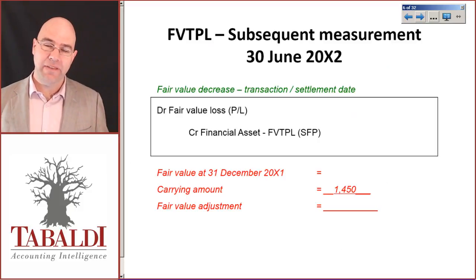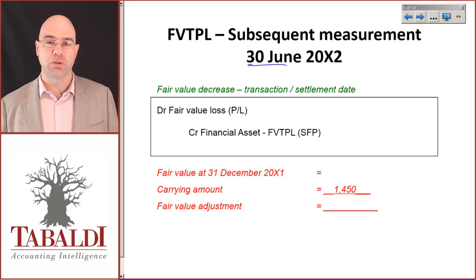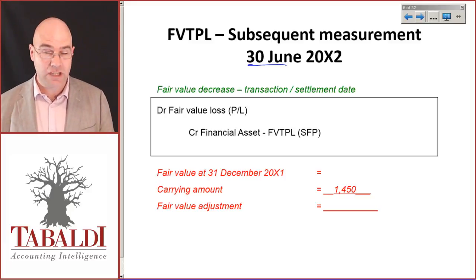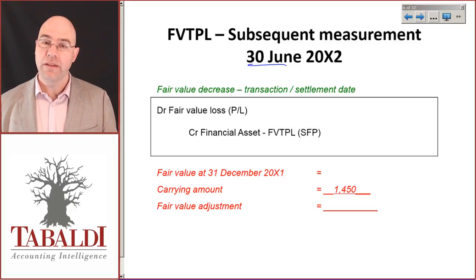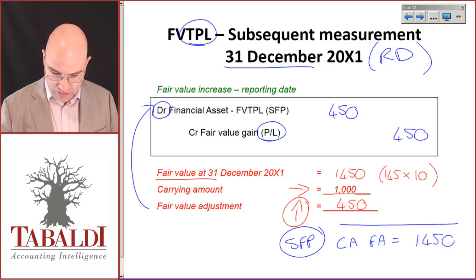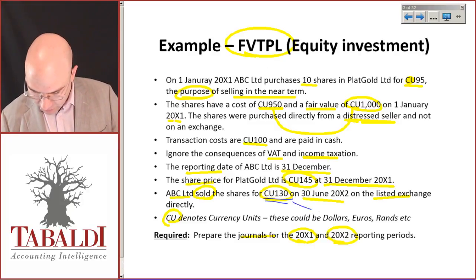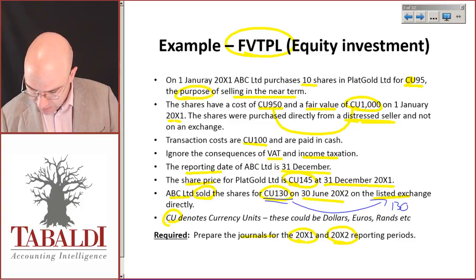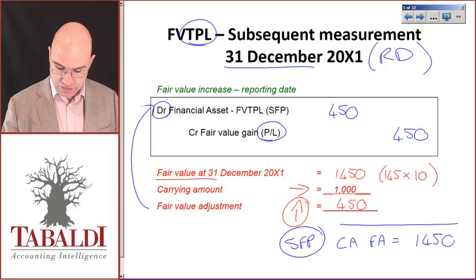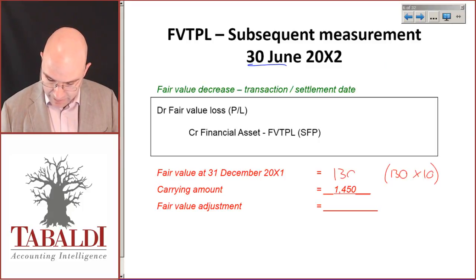Then, when is the next valuation date? Well, we sell this asset on the 30th of June in the next year, 20X2. So if I sell it, there's a transaction date. I must first revalue and fair value adjust this financial asset. And here, we must remember the fair value given per the question. Let's quickly check what it was. We sold it for 130. And I said, because it's on a listed exchange, 130 equals fair value. So let's go and do that calculation quickly. Here we're dealing with 130 currency units times 10 shares gives me 1,300.